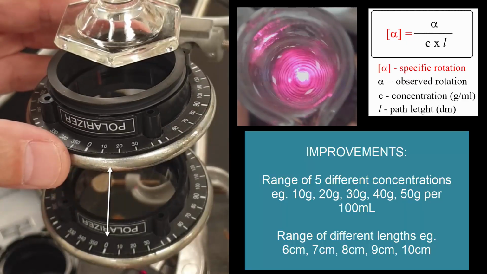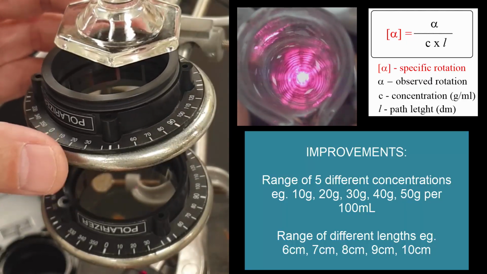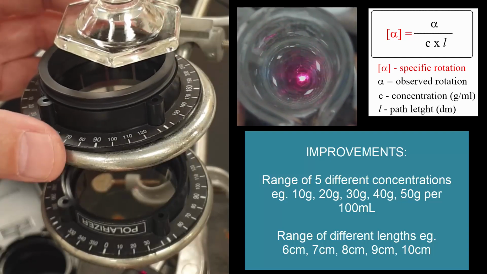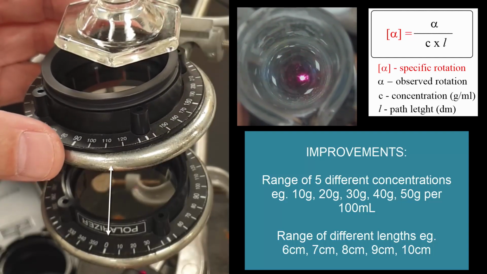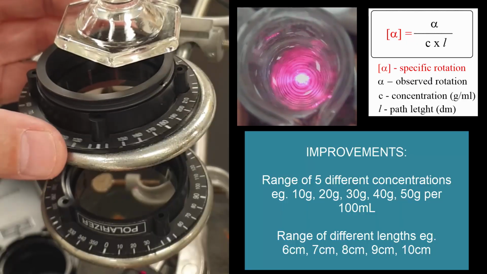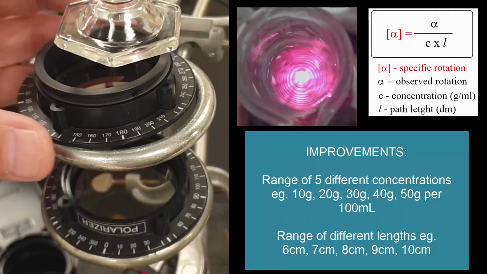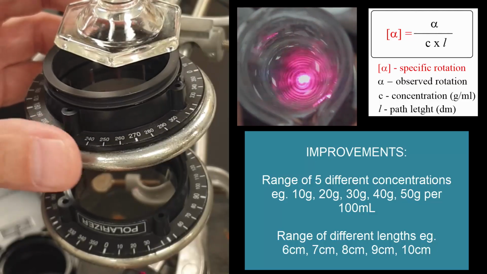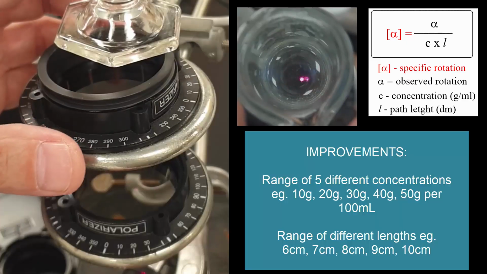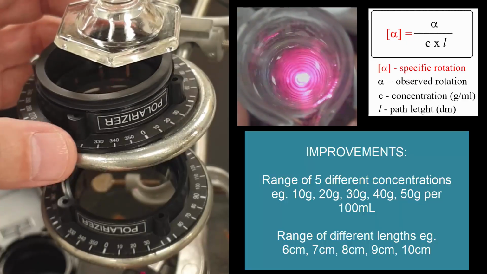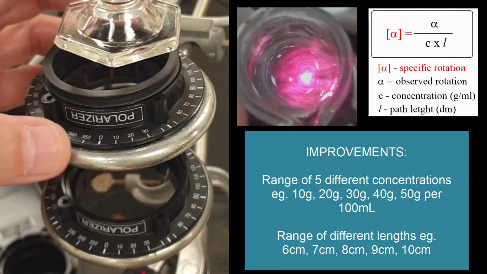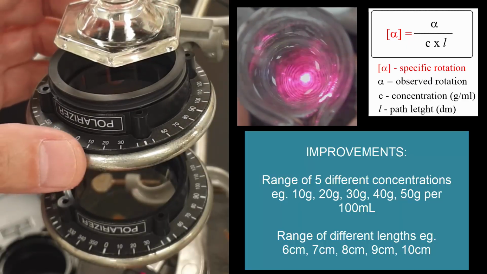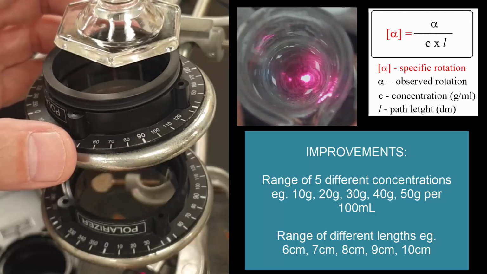Or I could have removed some of the liquid in increments of 10, so maybe go 10 centimeters, 9, 8, and do that as well, because that's probably a lot easier, and do the calculations and see if the turn matches the calculations, and that would confirm how much it's turning. So me not actually doing a range of measurements means I can't really tell what's going on in the relationship. So that would be the biggest improvement to see whether this is working or not.